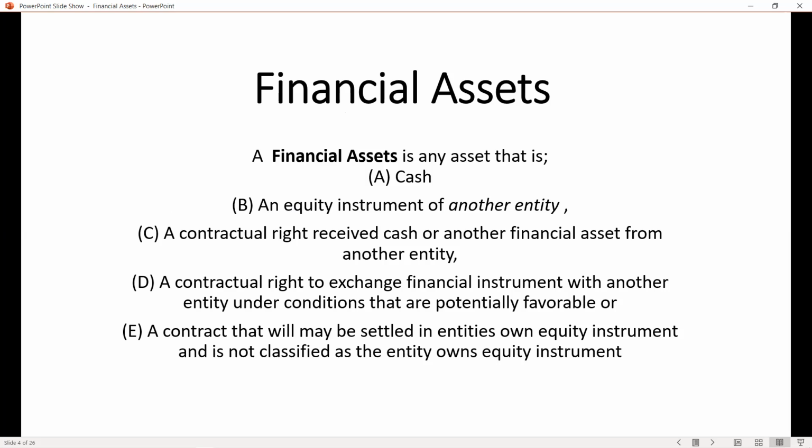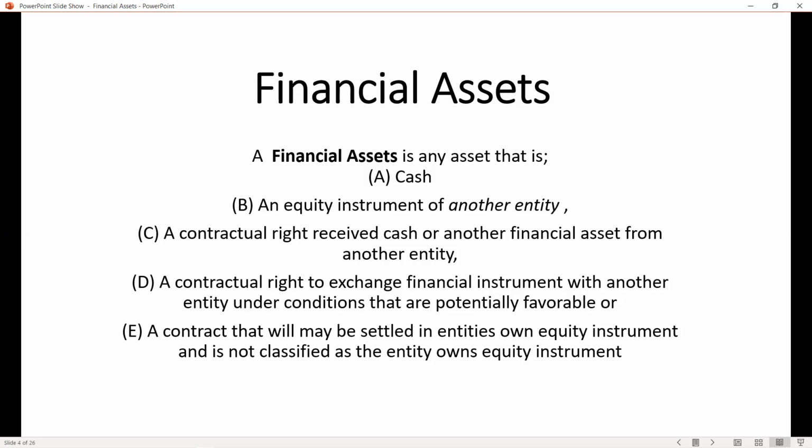So let's say, for example, you sold something, and it was on credit, so therefore you receive a certain paper that has a contract in there that you will be paid cash on the maturity date. So receivables and note receivables are examples of a contractual right to receive cash.